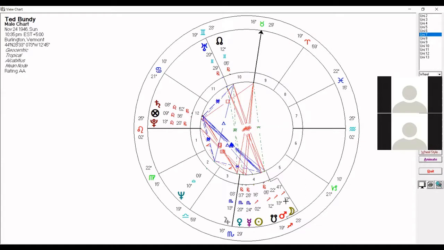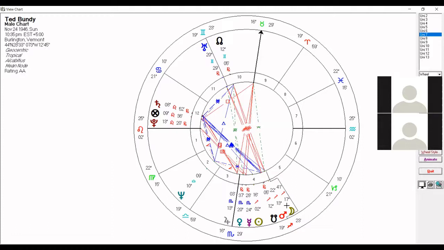The answer is no. The Moon is at 17 degrees, and we can only use 60 degrees ahead and behind, 90 degrees ahead and behind, 120 degrees ahead and behind, or 180 degrees. Those are the only ones we can do. There is no planet at a higher degree than the Moon. He's at 10, she's at 17. She has separated, so that's a separation.